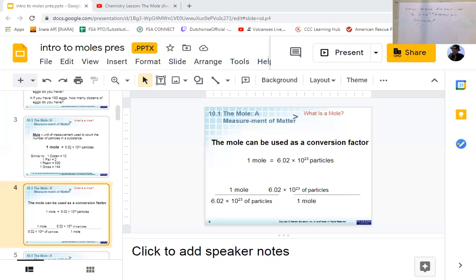Okay. 2.3 times 10 to 24 atoms of silver. Okay. We'll start tomorrow. This is number 3. Stupid lead. Actually, it's graphite.